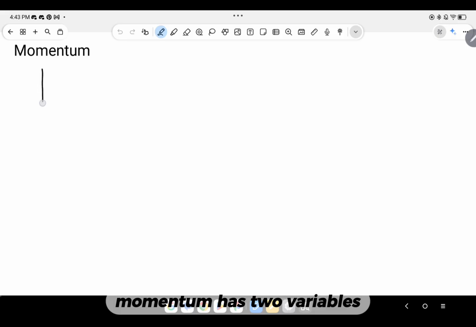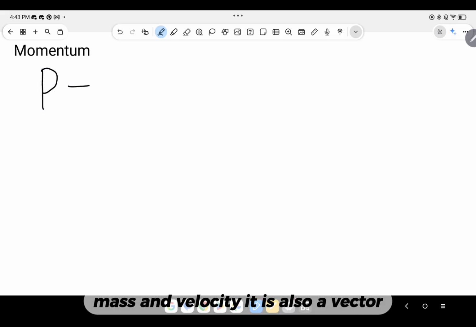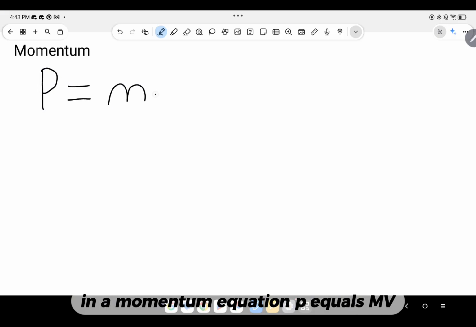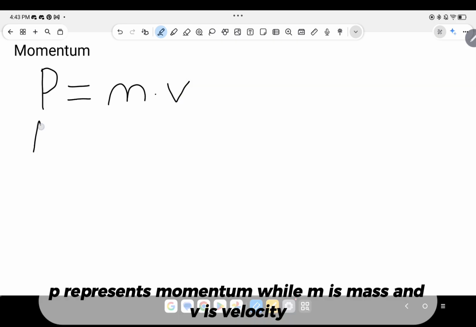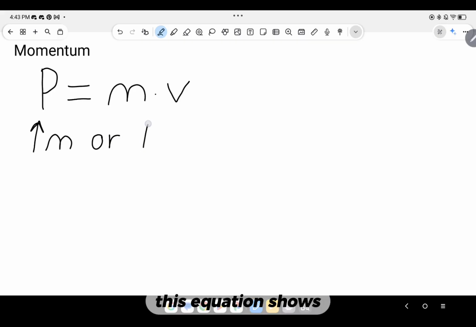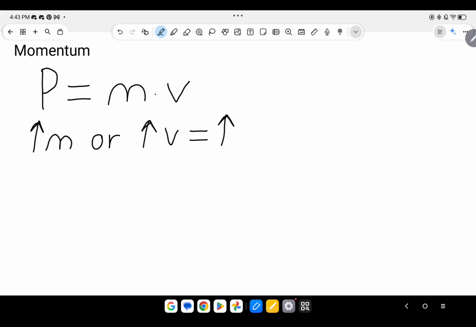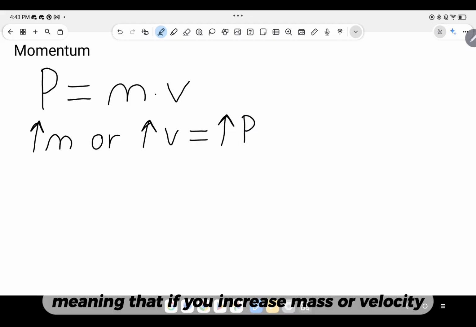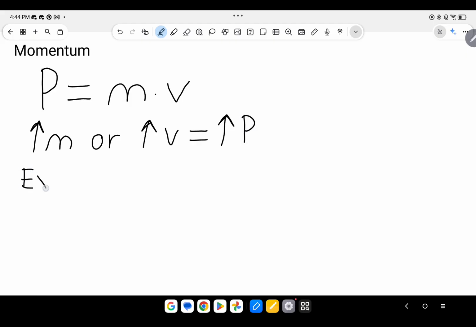Momentum has two variables, mass and velocity. It is also a vector. In a momentum equation, P equals mv, P represents momentum, while m is mass and v is velocity. This equation shows that momentum is directly proportional to its mass and its velocity, meaning that if you increase mass or velocity, momentum increases.